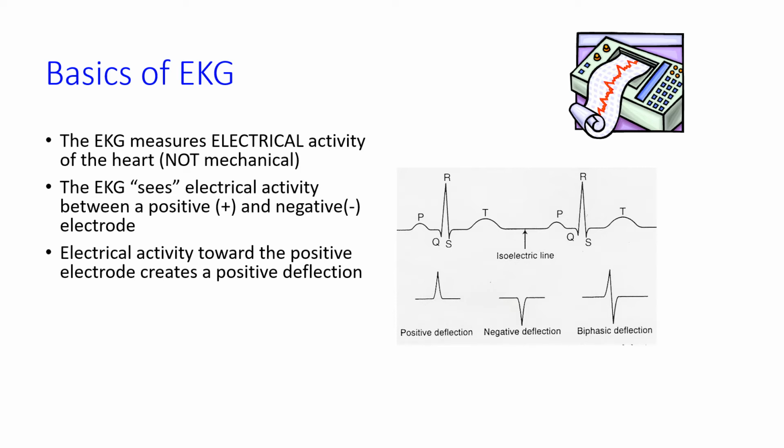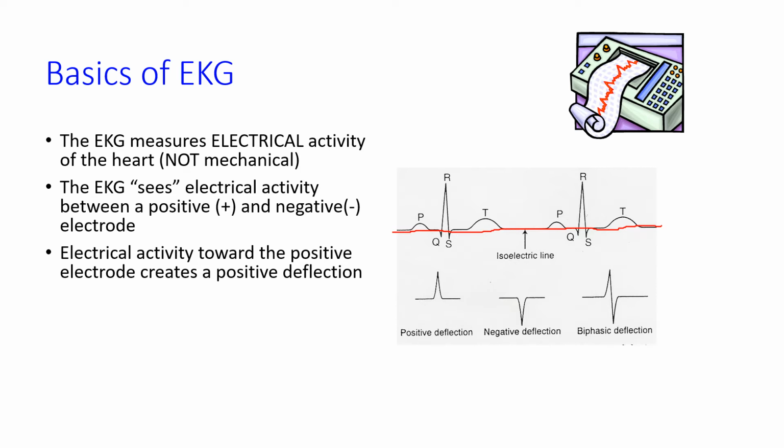And when I talk about positive and negative deflection, everything comes back to the isoelectric line. Everything above the isoelectric line is a positive deflection. Everything below the isoelectric line is a negative deflection. And the isoelectric line is basically neutral.